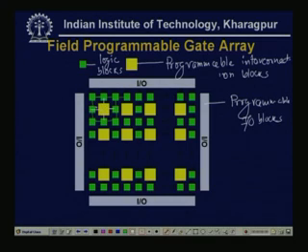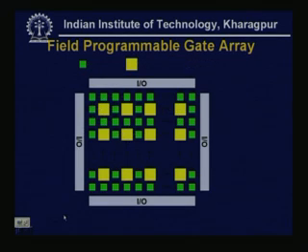So, these connections are also available. Similarly, here also I can connect. So, this type of connections are available, and all the 3 building blocks can be programmable from outside. So, this is the basic architecture.